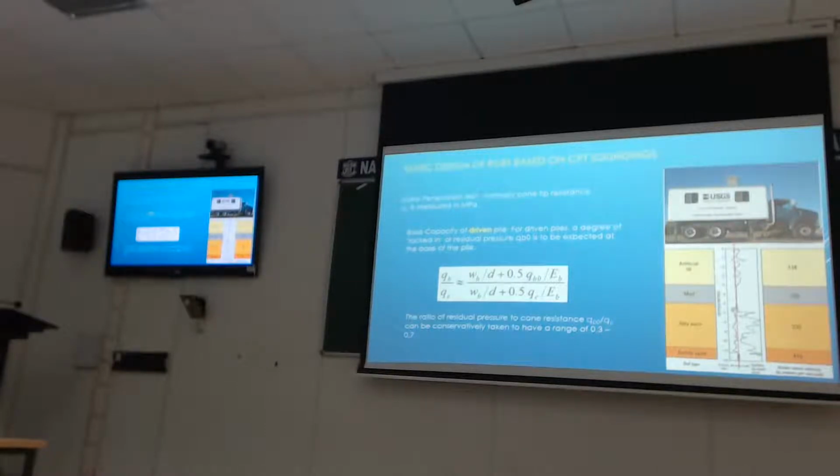Also, the ratio between QB0 and QC is taken within a range of 0.3 to 0.7. So if I know my QC from the cone, I can estimate my QB for the pile. Okay? That's basically the idea of all this.